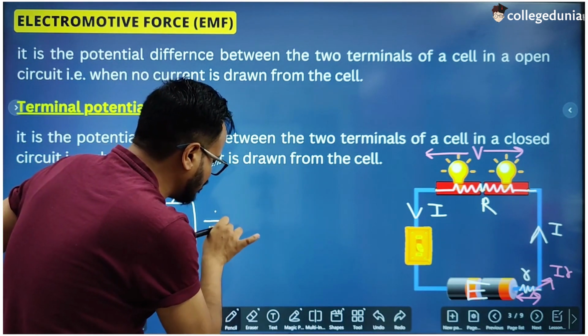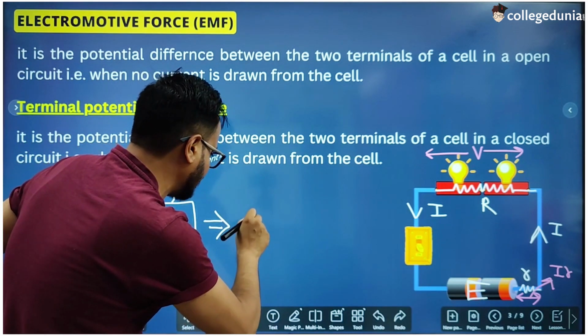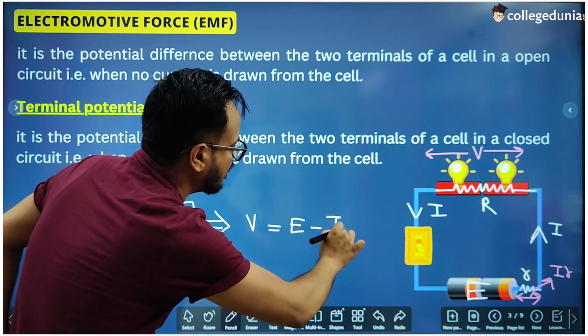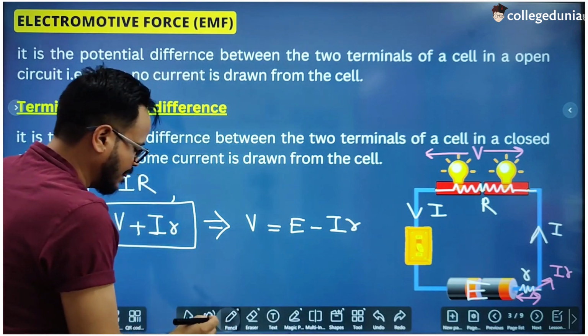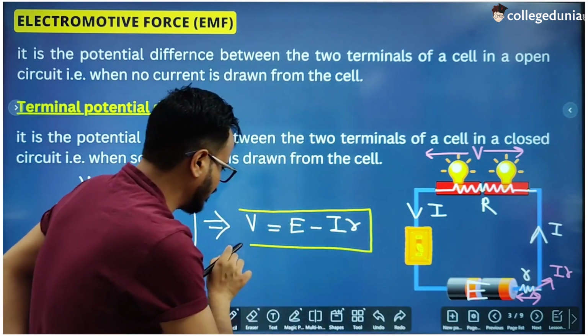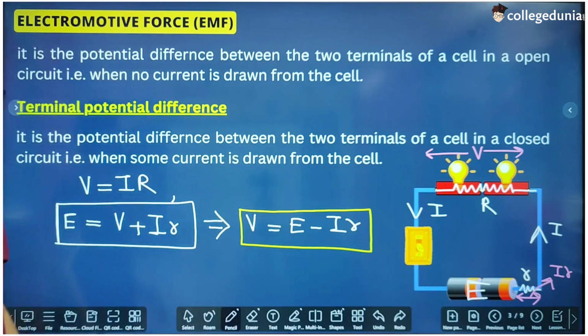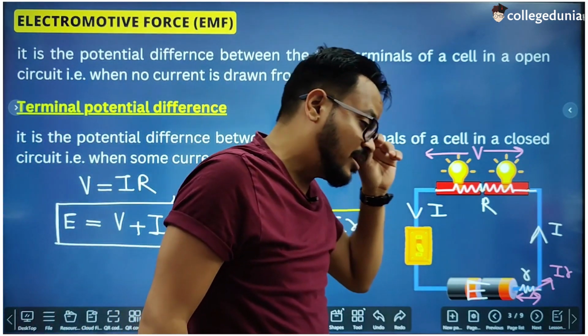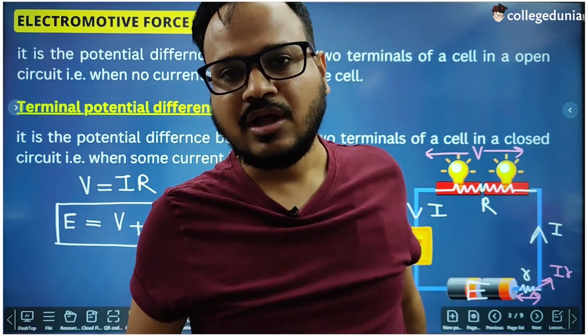But generally in questions we are supposed to find the terminal potential difference, which is V equal to E minus Ir. So this is the relation between EMF, terminal potential difference, internal resistance, and all those things.